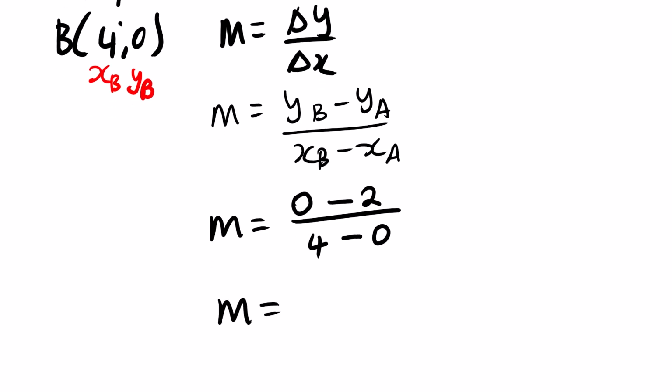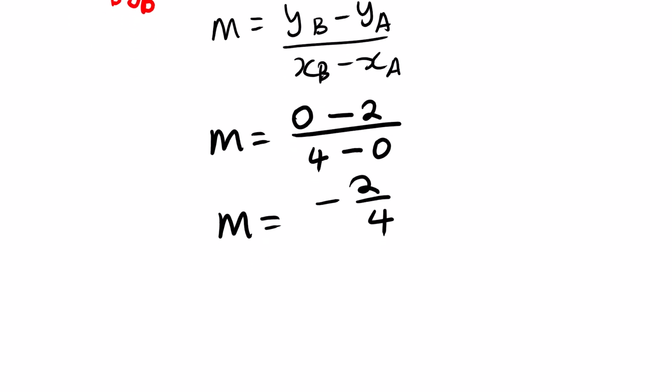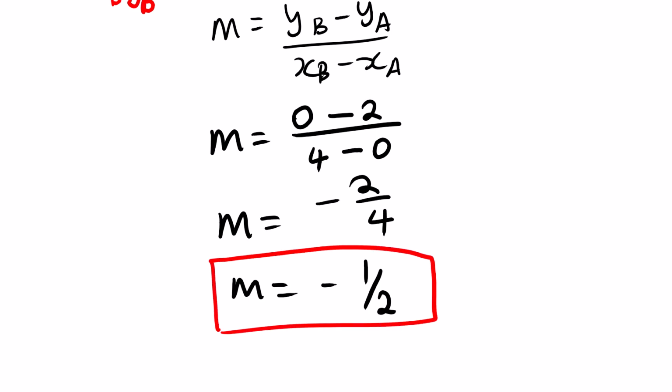So we have negative 2 divided by 4, which is actually negative 1 over 2. So we are done with the first step. We calculated our gradient. We can go ahead and generate our equation.